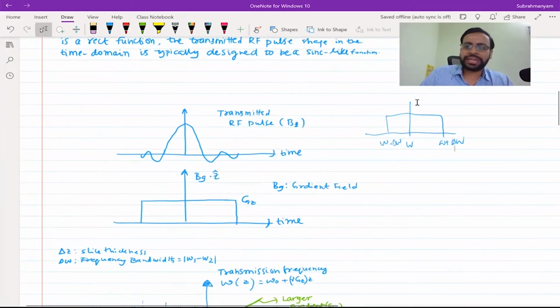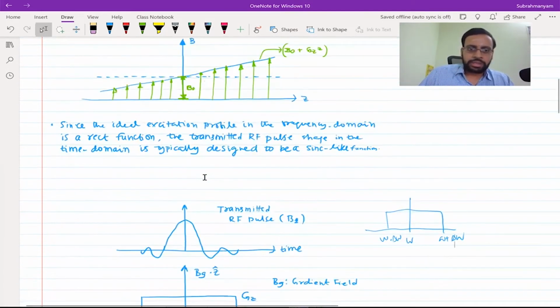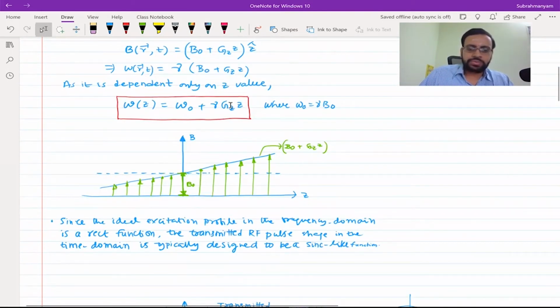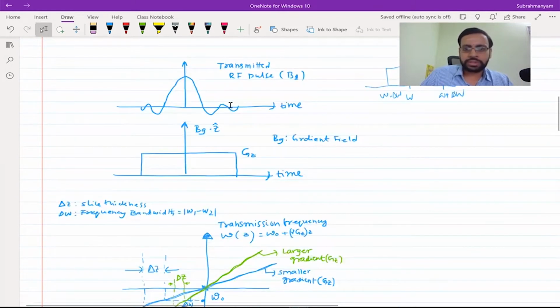Because this is a rect, in the time domain you would get something like this: the sinc function. And depending on the ZZ value, you would figure out from where you want the response, right?